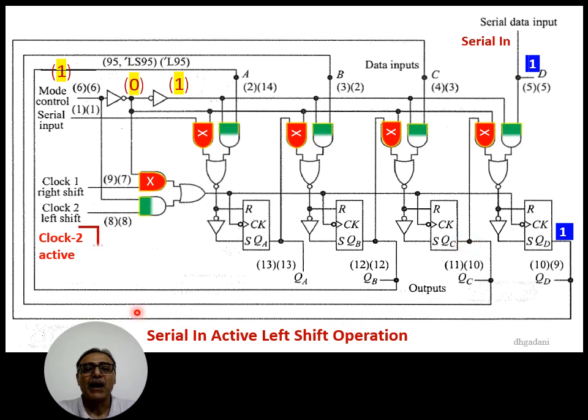This way, after applying 4 clock pulses, this 1 which was applied at pin D will shift in the left direction from QD to QA. This way, this circuit is said to work in serial mode, left shift operation.